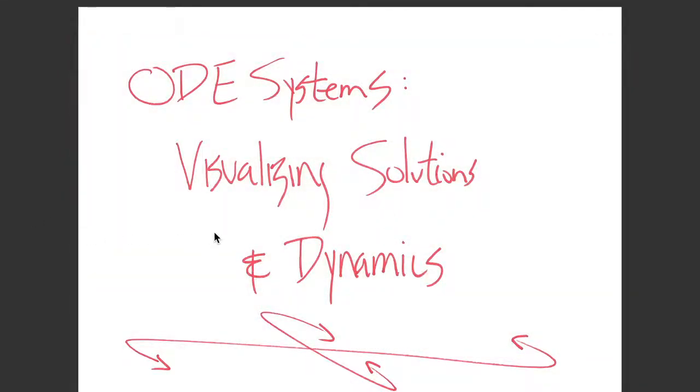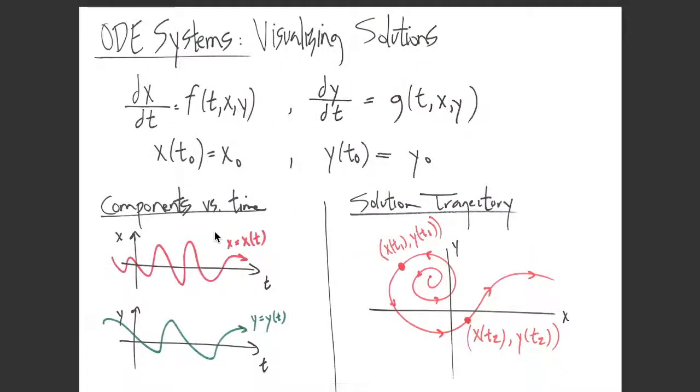So let me begin by just thinking for a minute about how we can visualize solutions to an ordinary differential equation or a system of equations. Here I've just shown you a generic 2x2 system of equations. Two equations, two unknown functions x and y.